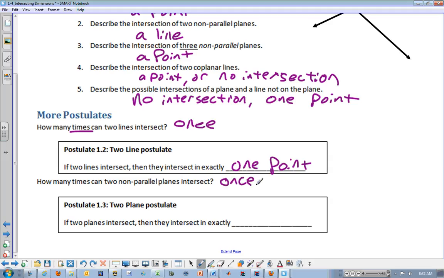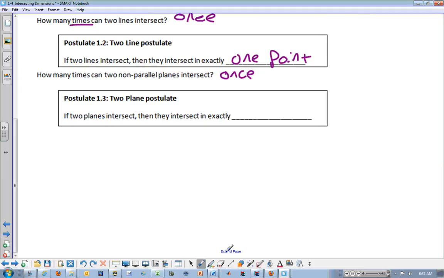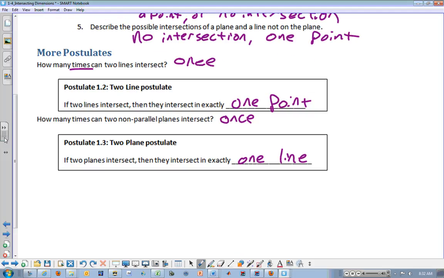And so if they do intersect, how do they intersect? We already said it. A line. At exactly one line. That's it. Once.